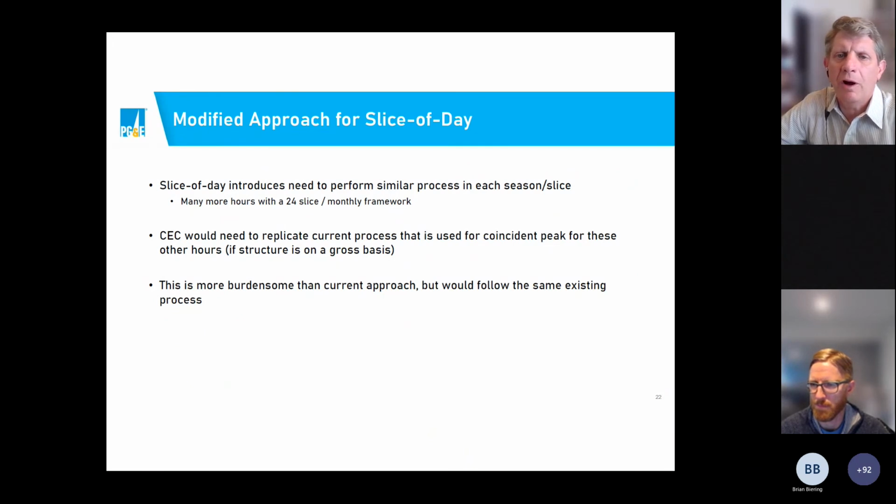So let me back off of what my answer was and say, you're right, this needs some more consideration and thought in how that alignment should take place, particularly if it's done on a net load basis. If it's done on a gross load basis, I think there still is a need for a discussion, particularly if the ISO is going to use a different counting mechanism than the PUC uses for meeting the resources.